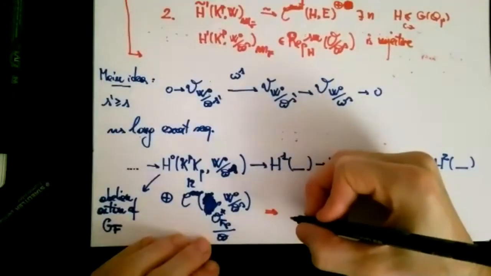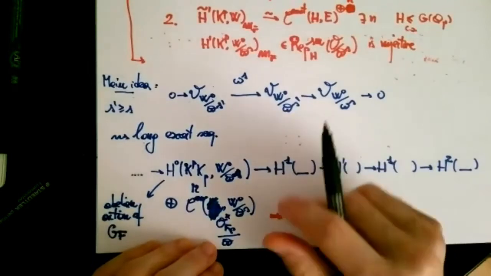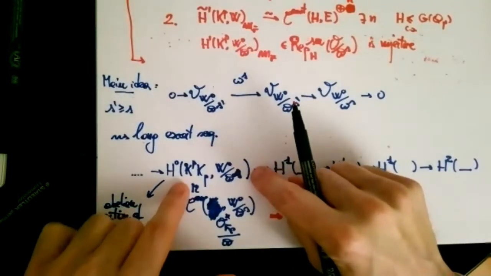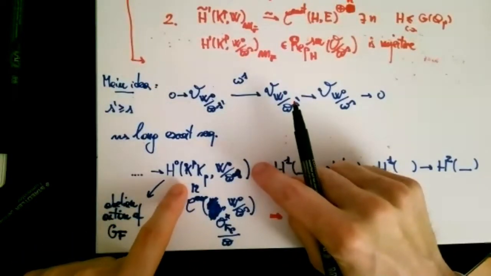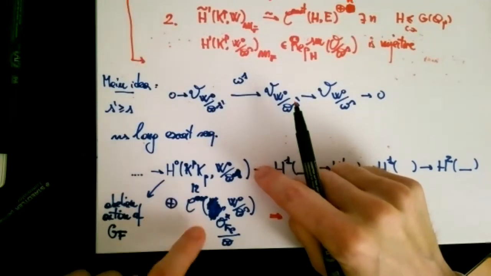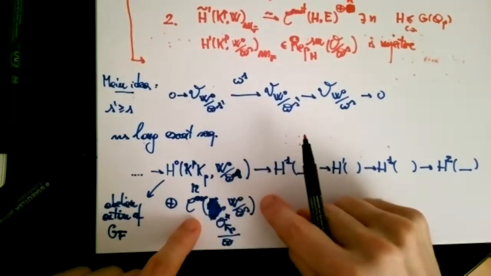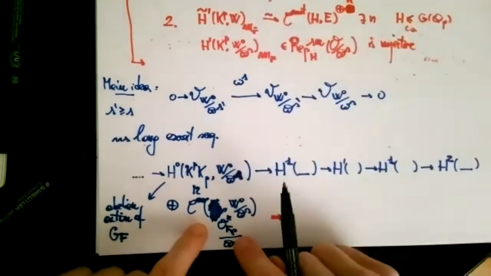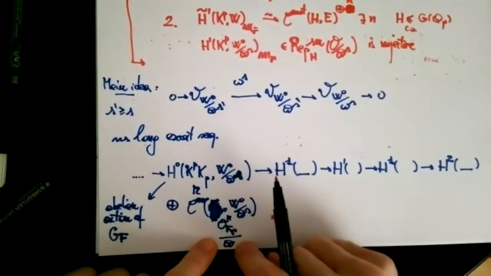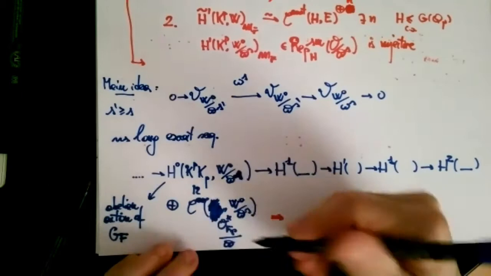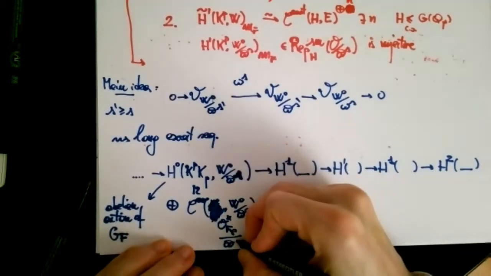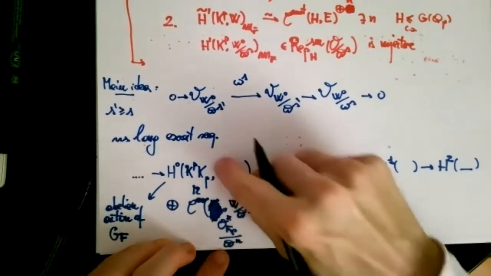Thank you very much. So what I want to say is that you remember that in the previous lecture, we saw that this H naught is actually isomorphic to a direct sum of copies of functions over the units, where we have some power which depends on the level.